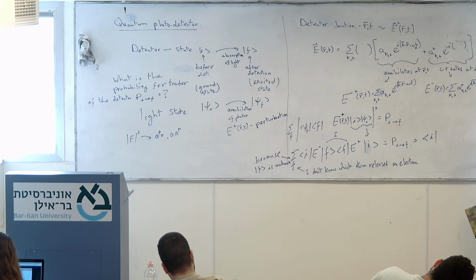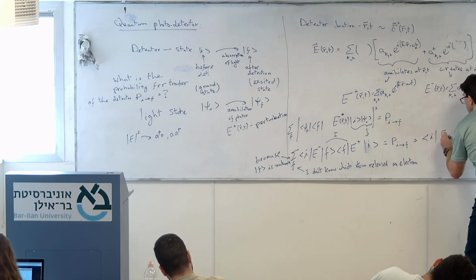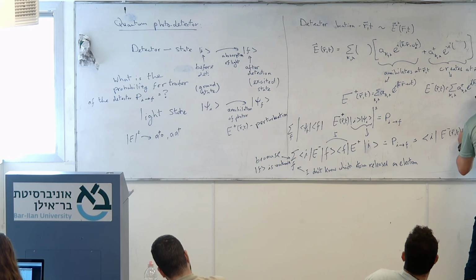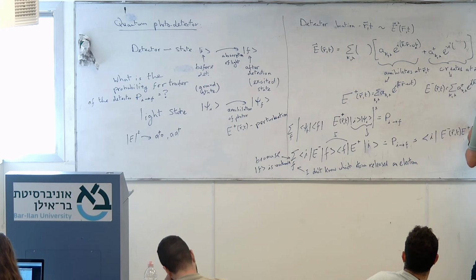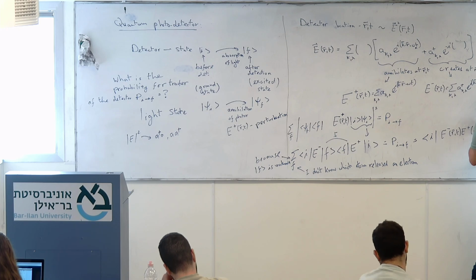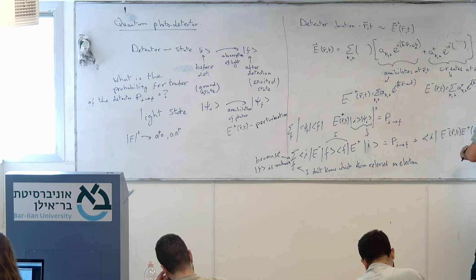The detector was sitting there, light was, I don't know what it was. And then you should have E minus and then E plus. And that's the order. Why? Now you can see E minus is A dagger and E plus is A.